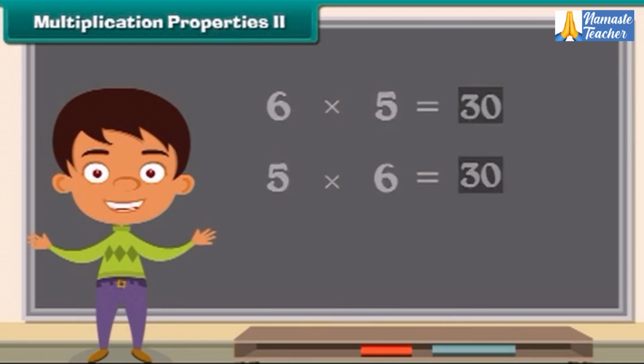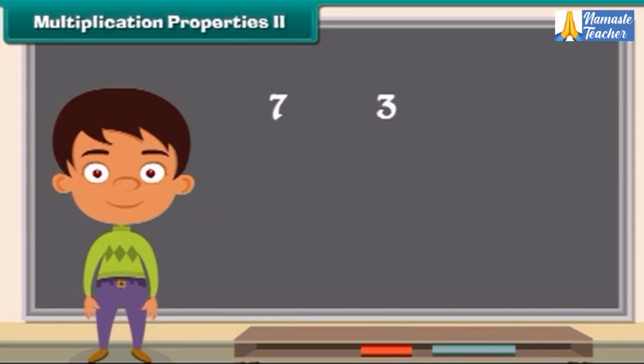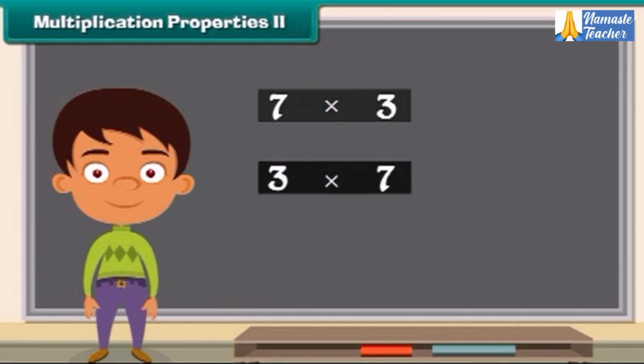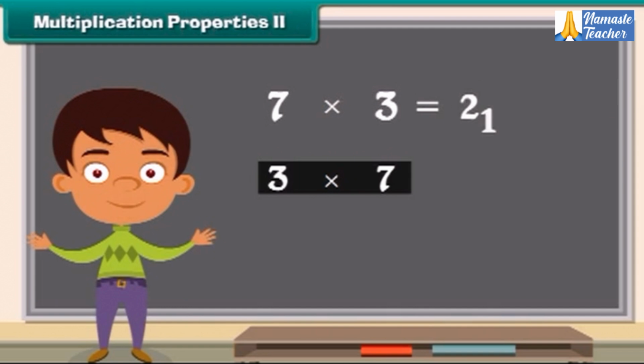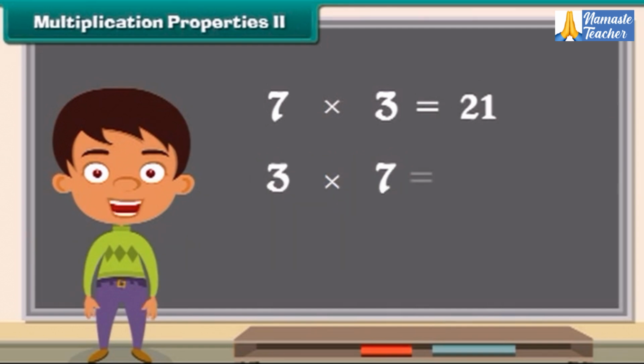Now take 2 more numbers, 7 and 3. We multiply them again in 2 ways. We multiply 7 by 3 first, and then 3 by 7. 7 into 3 is equal to 21. 3 into 7 is equal to 21. We have seen that the result of multiplication of 2 numbers remains the same, whatever be the order of the numbers.